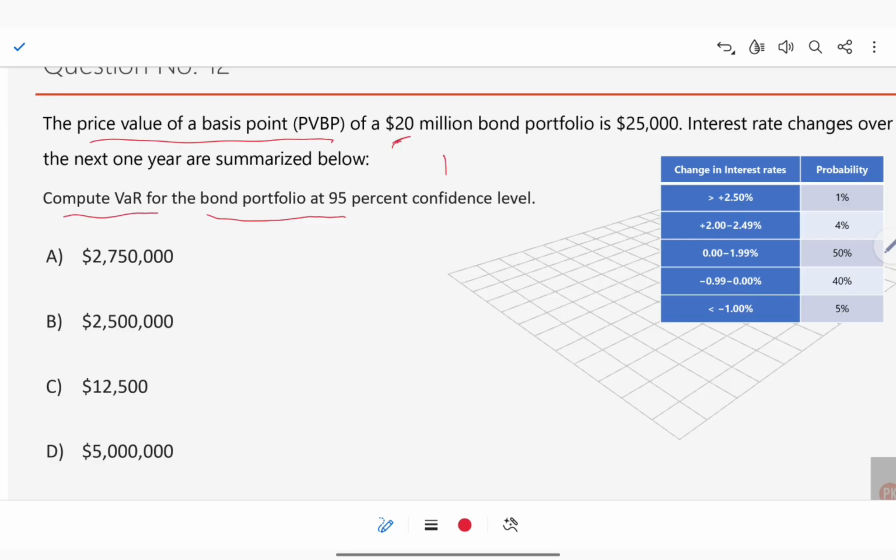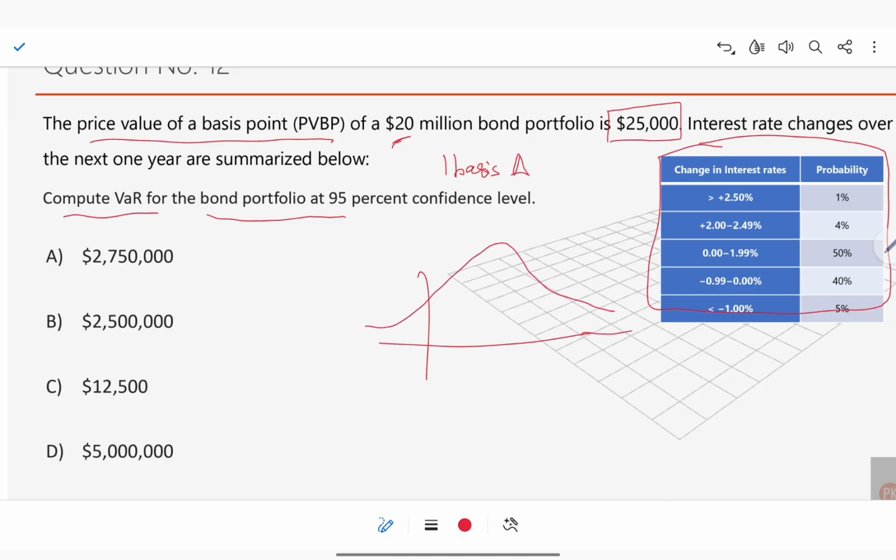It says that for 1 basis point change, there is a change of $25,000 in the value of the portfolio. And this is the probability table given to us. We always have to be concerned about this area.